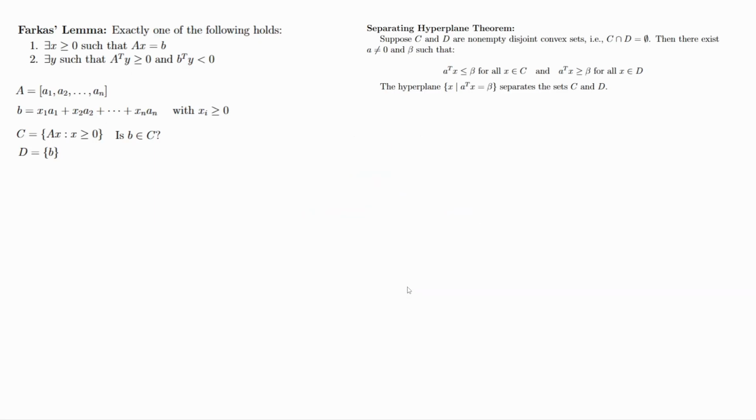So we can also see Farkas lemma through the dual cone perspective. Remember, the condition y transpose Ax is greater than or equal to 0 for all x greater than or equal to 0 means that y is in the dual cone of C. And we have shown that the dual cone of C is simply the set of vectors y such that A transpose y is greater than or equal to 0.